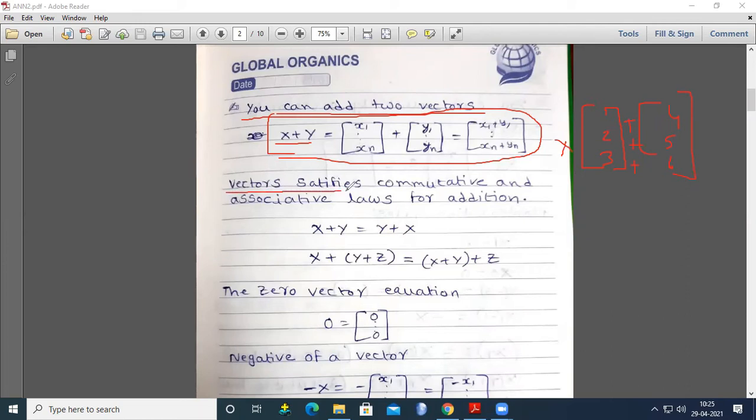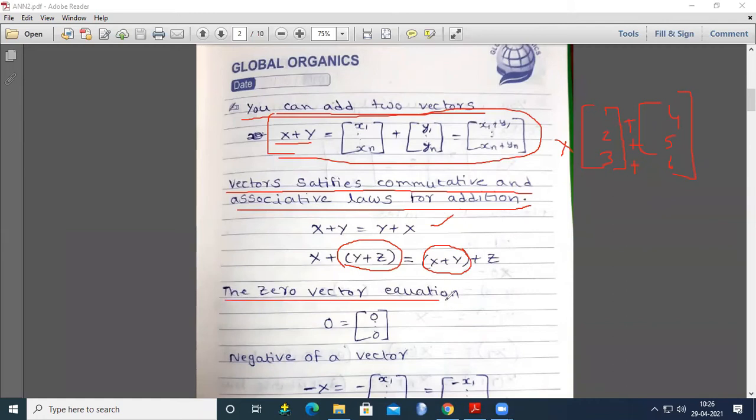Vectors satisfy the commutative and associative laws for addition. Commutative means x plus y equals y plus x, and associative means x plus y plus z equals x plus y plus z, grouped as x plus the sum of y and z equals the sum of x and y plus z.